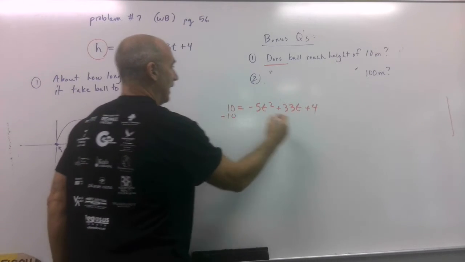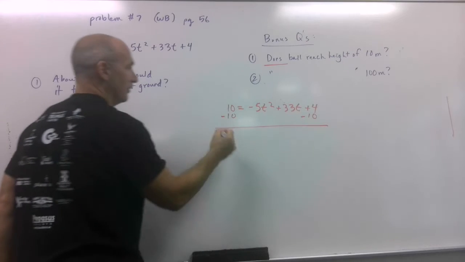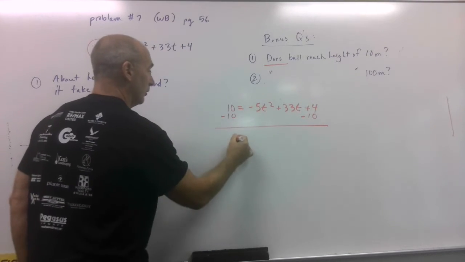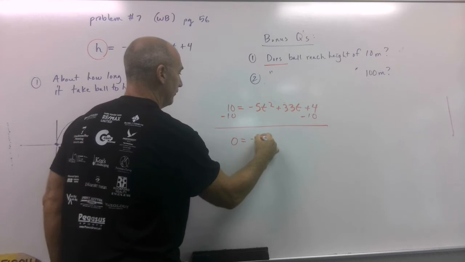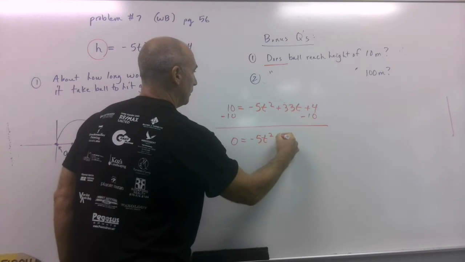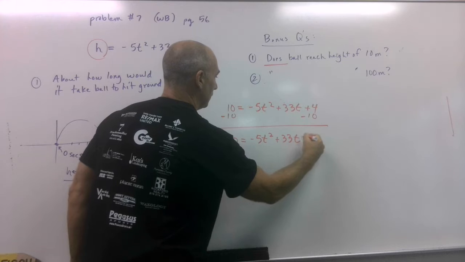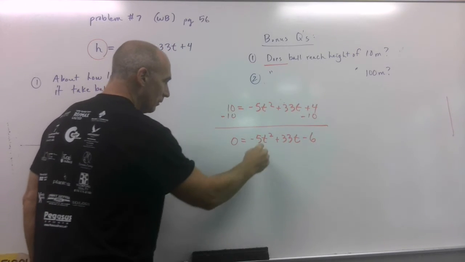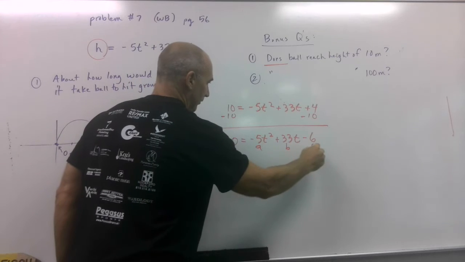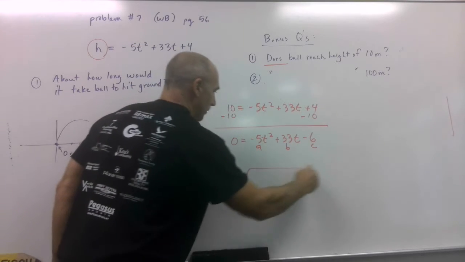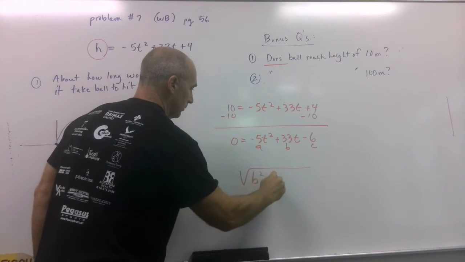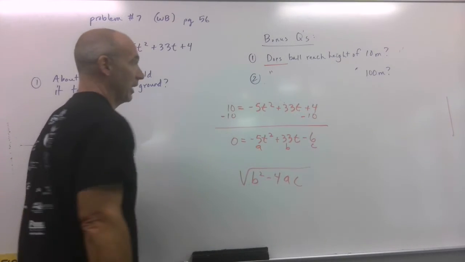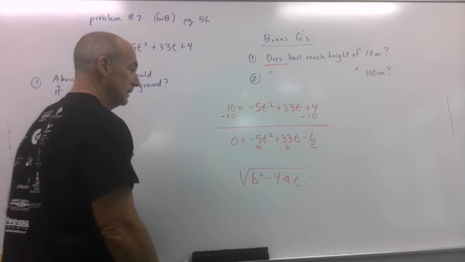So we're going to subtract 10, subtract 10. We're going to shove this stuff into the quadratic formula, just the discriminant part. So we get 0 is negative 5t squared plus 33t minus 6. Here's my A, my B, my C. All I care about is this portion, b squared minus 4ac, because they're just asking a yes or no question, nothing specific, no details.